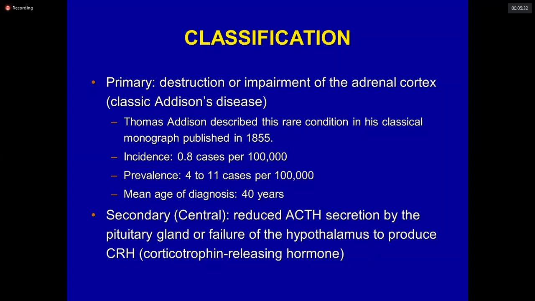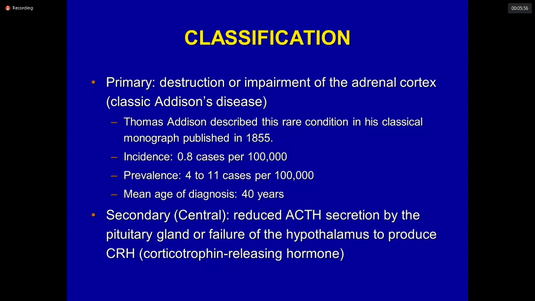And it's as well not a common disease, adrenal insufficiency, because of the adrenal destruction, what we call. Nowadays, the incidence is rising because of autoimmune diseases, which is the main etiology behind primary adrenal insufficiency.